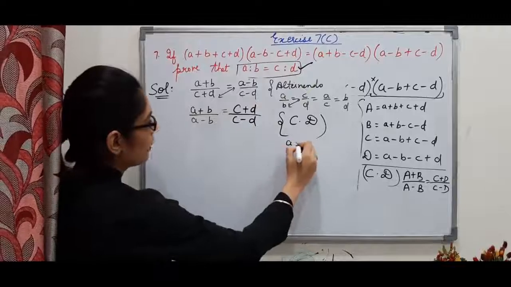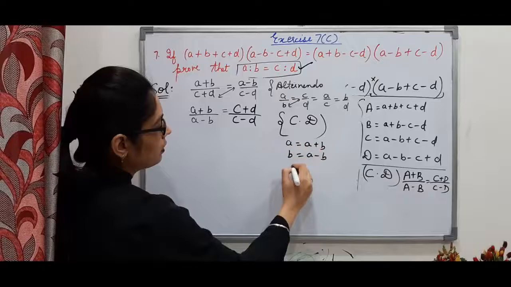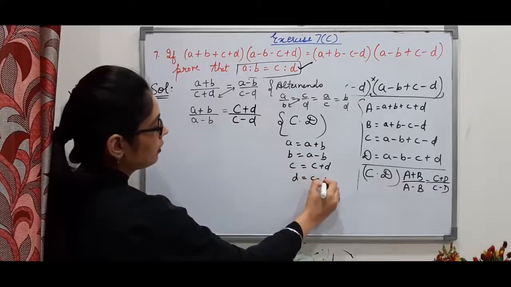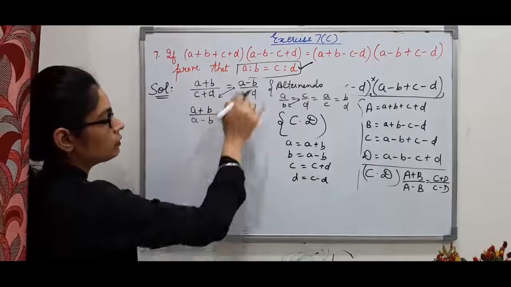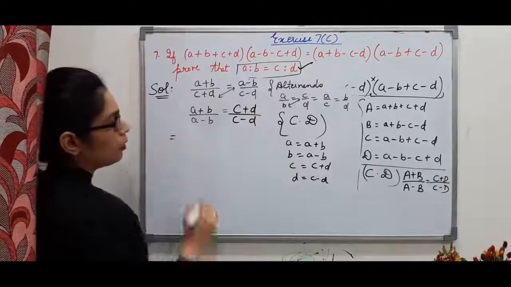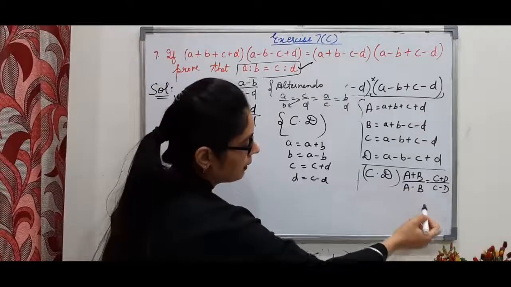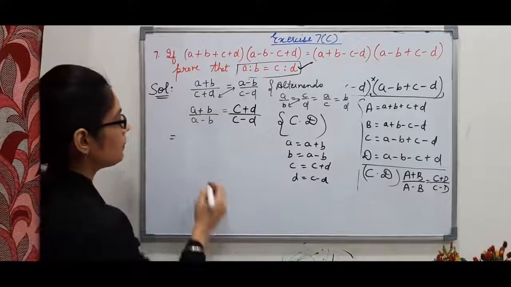Now my a is a plus b, b is a minus b, c is c plus d and d is c minus d. If a by b is equals to c by d, then according to componendo and dividendo, already I have written a plus b by a minus b, it is equals to c plus d by c minus d.